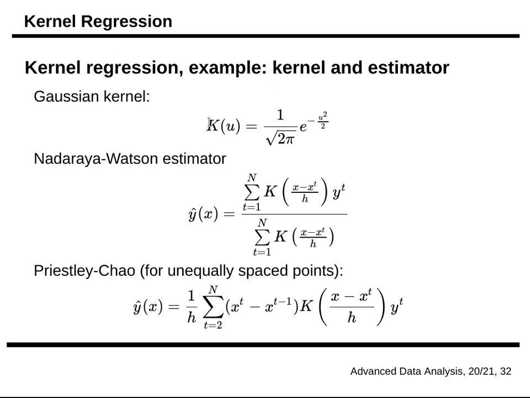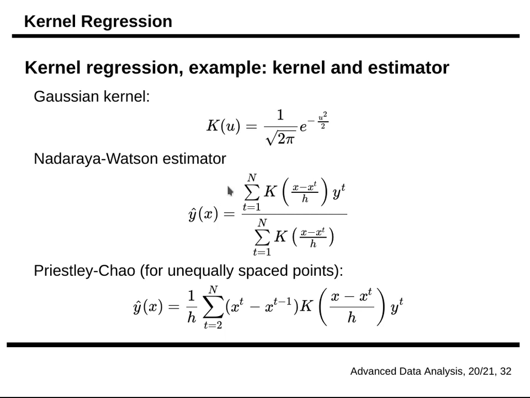So in this case, we're going to use a Gaussian kernel. This is the formula for the Gaussian curve. And we're going to use the Nadaraya-Watson estimator, which is simple to understand, and you can use it when the points are evenly spaced, or you don't care too much about different spacing of the points.